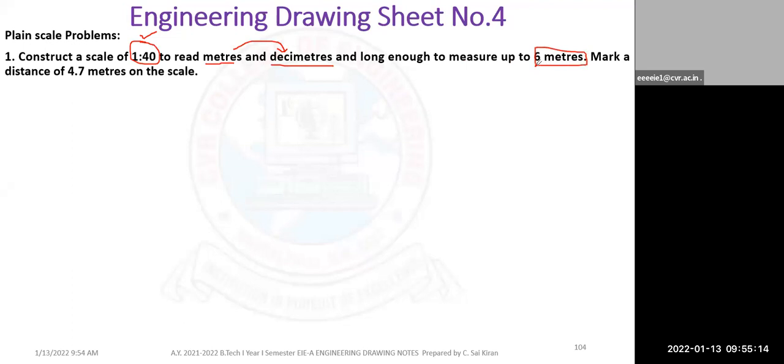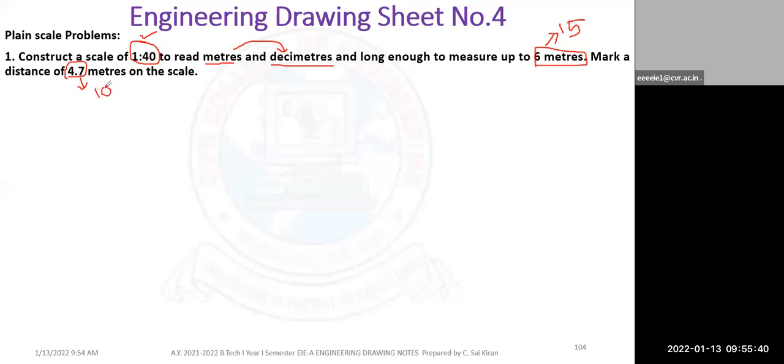On that scale you can measure up to 6 meters, and from the 6 meters you have to measure only 4.7 meters. I relate this to your normal 15 centimeter scale, whose maximum distance is 15. Suppose on the 15 centimeter scale you are measuring 10.2.